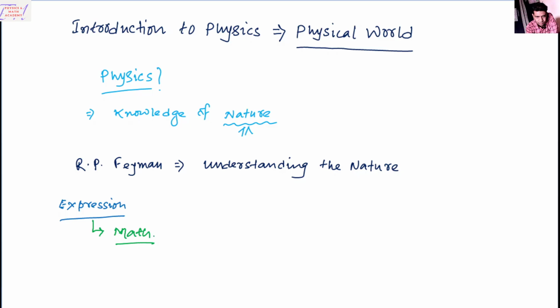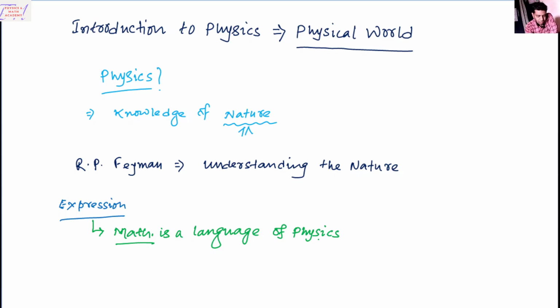So mathematics is the language of physics. With the help of mathematics, you can construct a mathematical model or theory to analyze the physical phenomena, whatever is running in your surroundings.